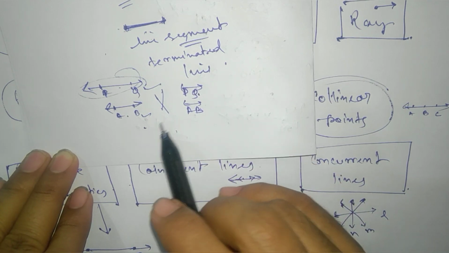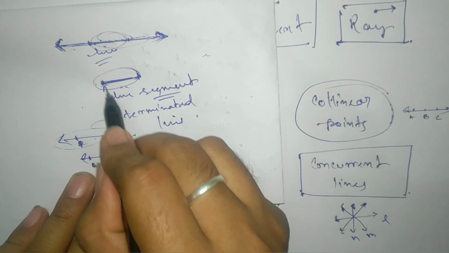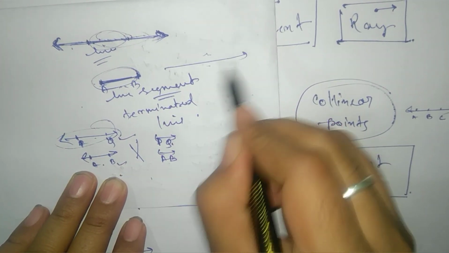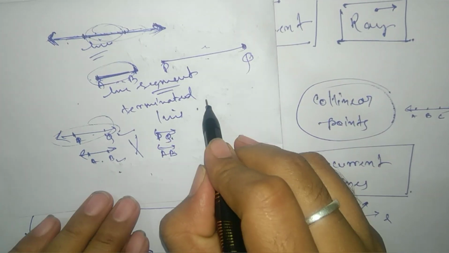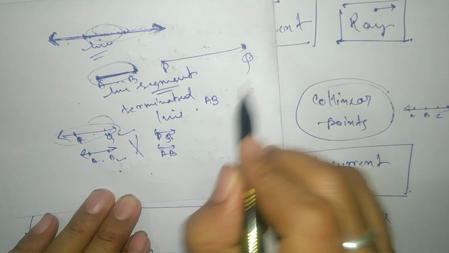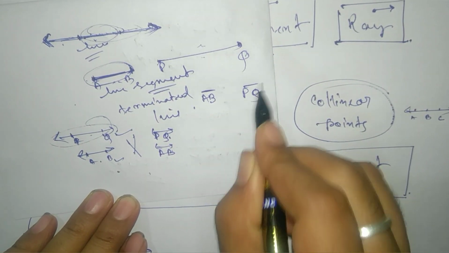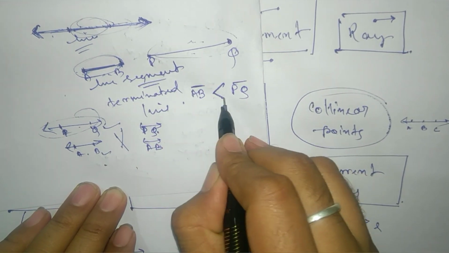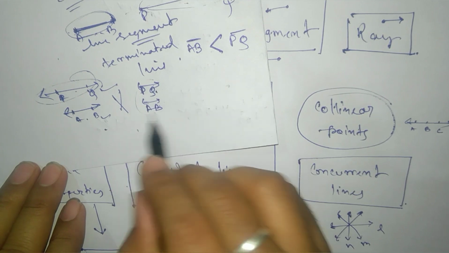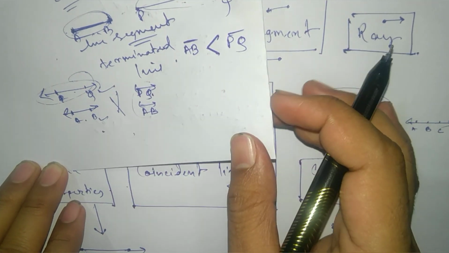Now next, if I take line segment AB, and another, the bigger one, PQ, you can say that for AB the general symbol we use is like this, and for PQ like this. By looking at this only, you can guess that PQ is the bigger one, so we use this symbol. But for lines we cannot say which symbol we are going to use.